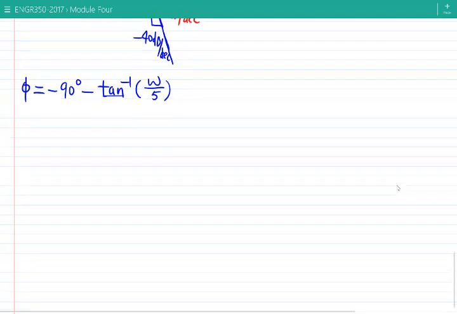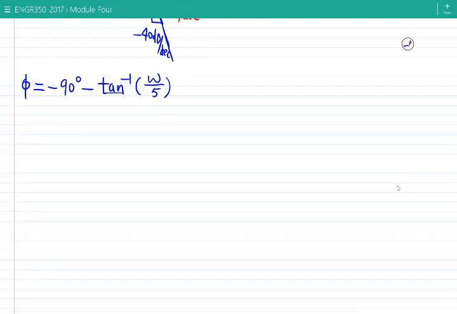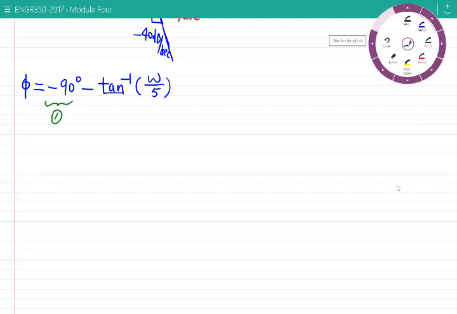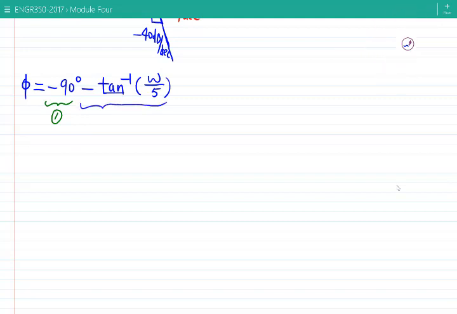So let's plot it. We have two terms. The first term is minus 90 degrees. The second term is minus inverse tangent function of omega over 5. So let's plot the phase plot for each one.